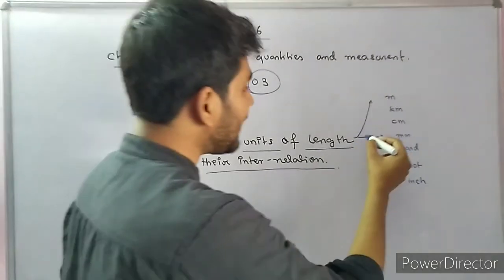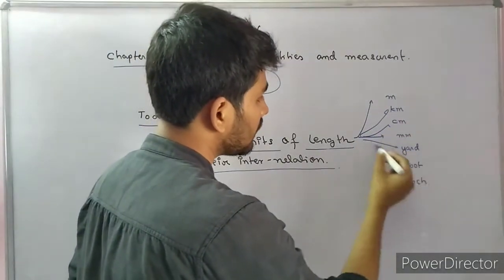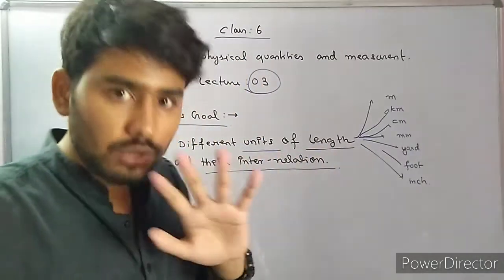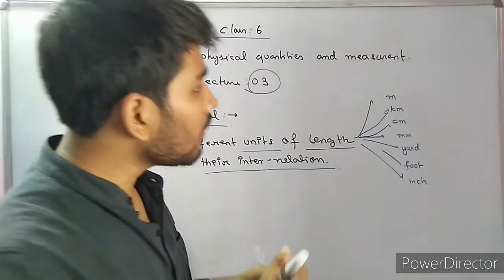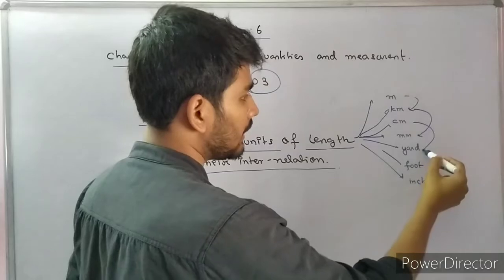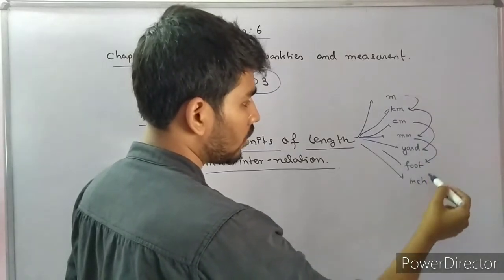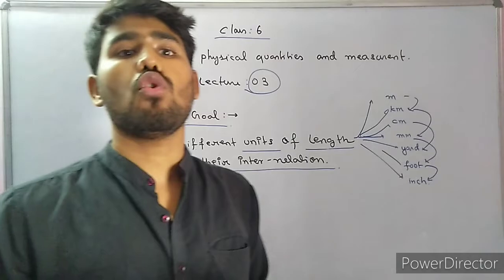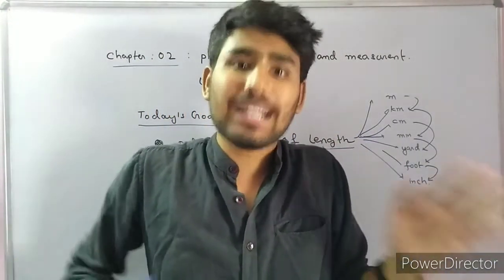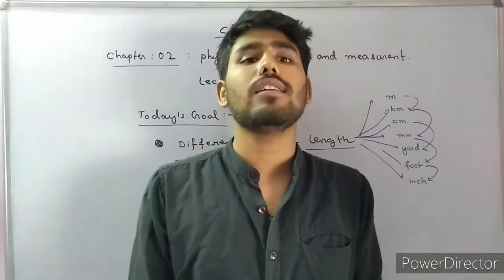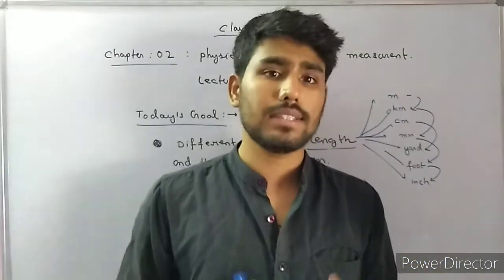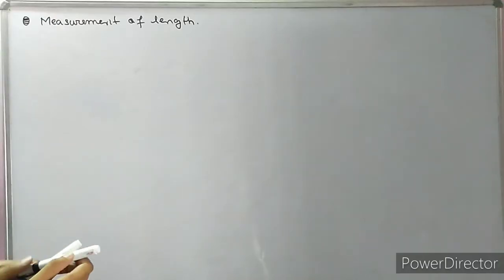We'll learn how to convert meter into kilometer, kilometer into millimeter, centimeter into yard, meter into foot, foot into inch and so on. We'll discover the different types of units and then find the relation between them. Is it clear? Okay, fine, we'll start now.